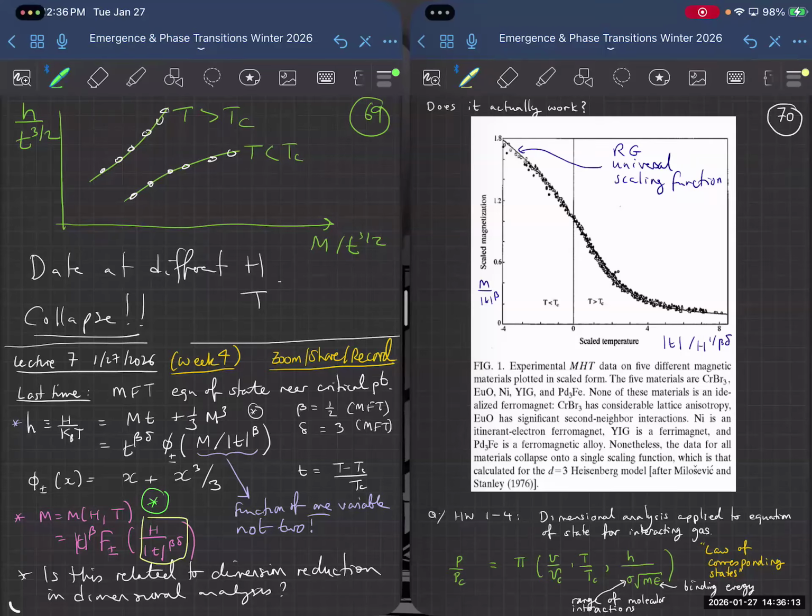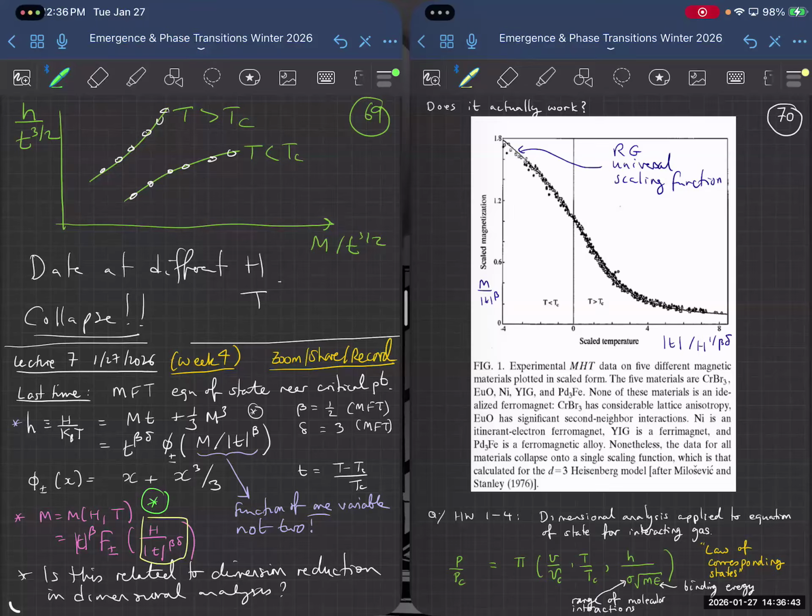This is 5 different magnetic materials, and they're listed in the caption. 5 completely different magnetic materials, and yet when you plot them in the way that we've deduced by mean field theory, they all fall onto the same universal curve. Some are ferromagnets, some are antiferromagnets even, some have significant second neighbor interactions, and so on and so forth. They all fall onto the same universal curve, completely different materials.